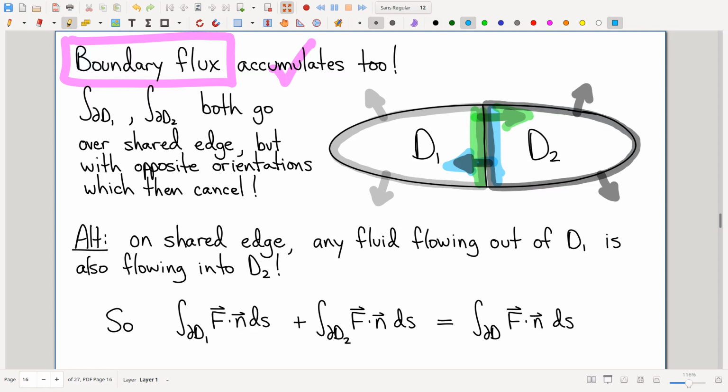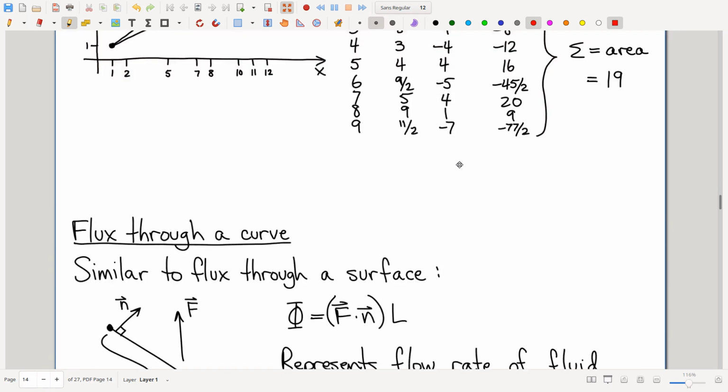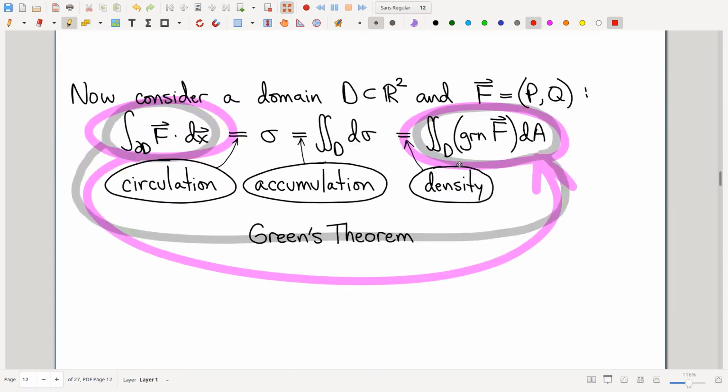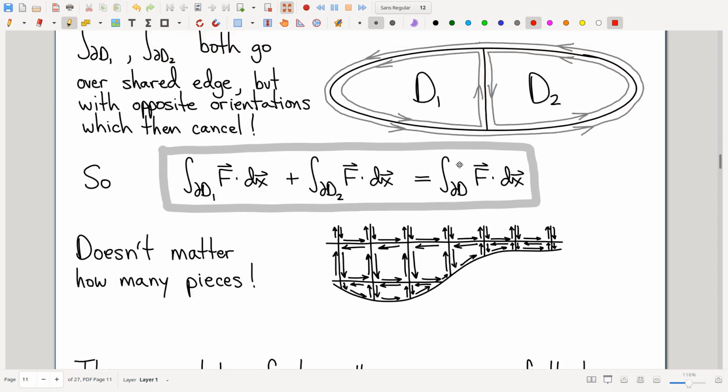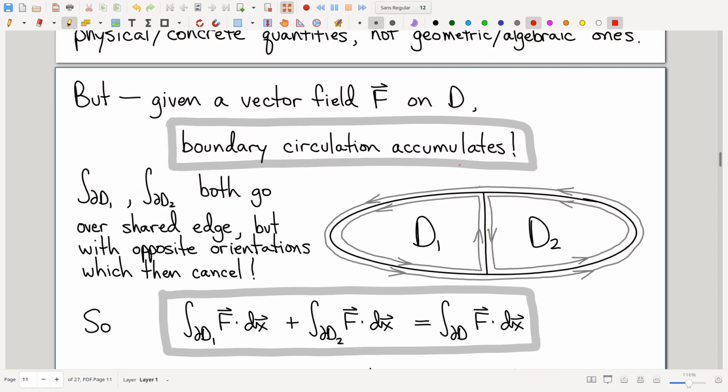So it's a really beautiful little fact. These cancel because the two different orientations through the curve were opposites. When we were talking about Green's theorem and how circulation accumulates, it was the fact that these two terms had opposite orientations along the shared edge instead of through the shared edge.